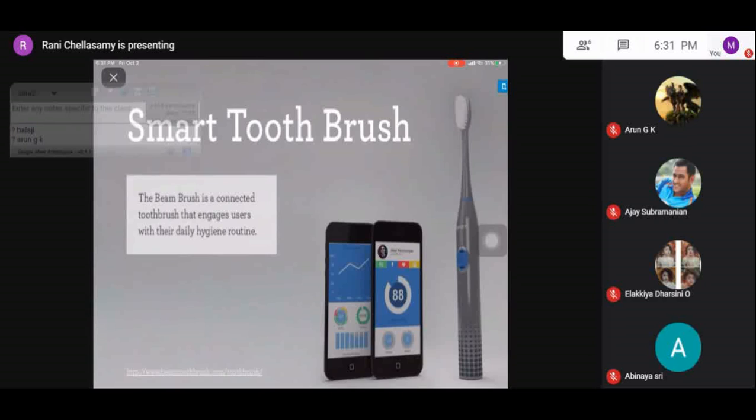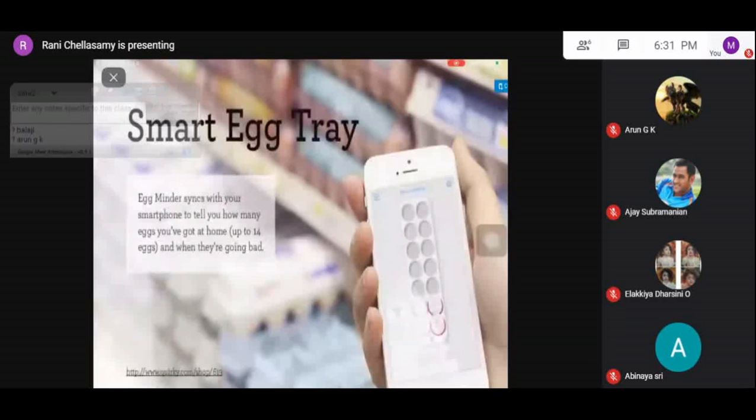Another application is the smart toothbrush. We call this the Beam Brush, which is connected to the toothbrush, and it engages the user with the daily hygiene routine. Next, you can see a smart egg tray. We call it Egg Minder, which synchronizes with your smartphone to tell how many eggs you have in your home.